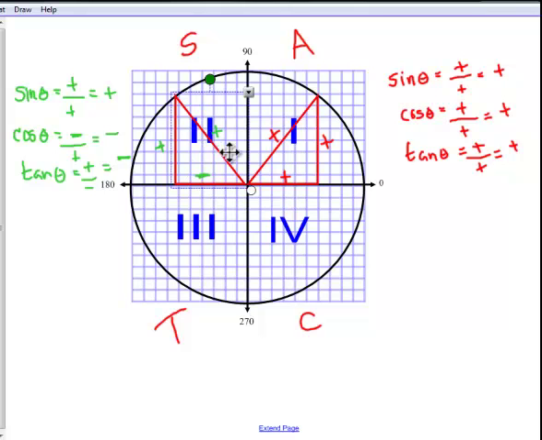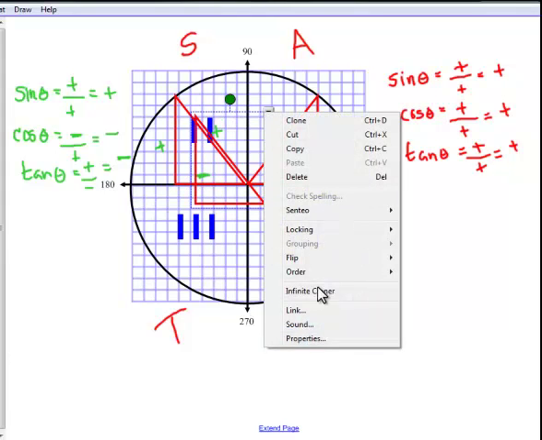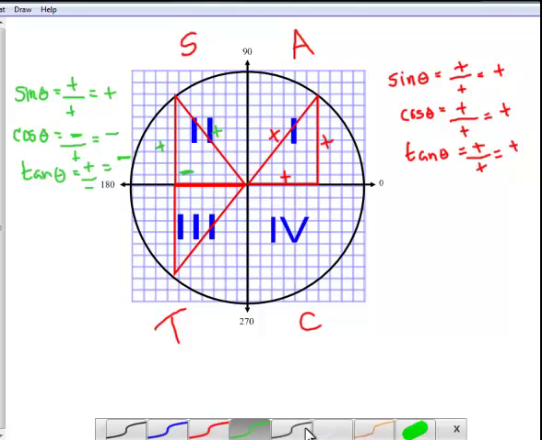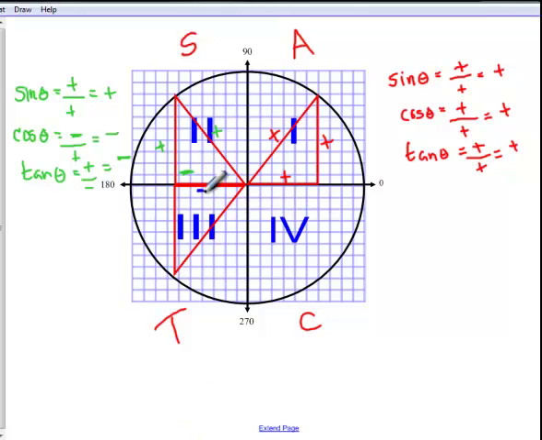Okay, let's do this again. Let's go look in quadrant 3. So in quadrant 3, once again, this side is negative, this side is negative, and this side is positive.